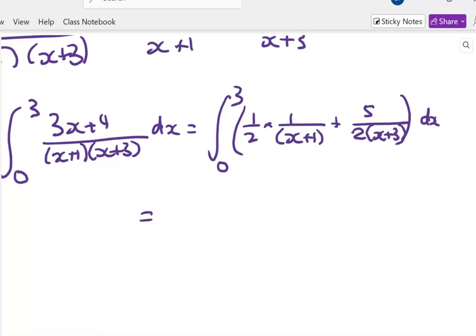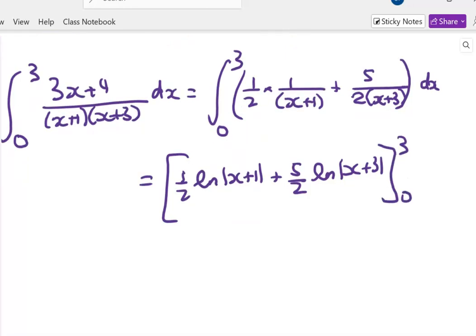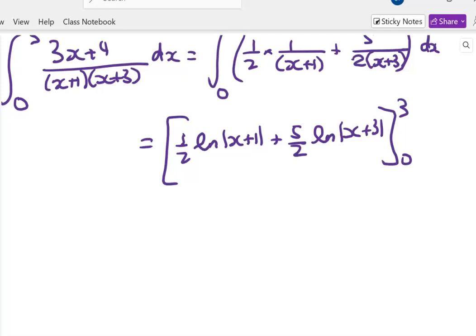And this is now back to an achieved level 3 NCEA question. We've got a half times the natural log of x plus 1 plus 5 over 2 times the natural log of x plus 3. I'm going to work through this because there's some quite nice practice at log simplification.